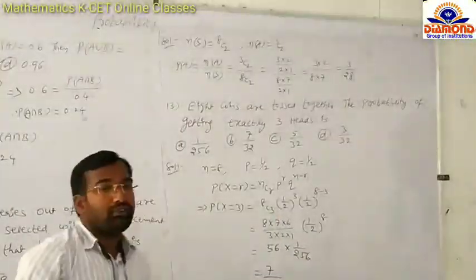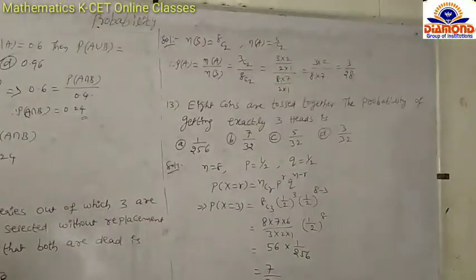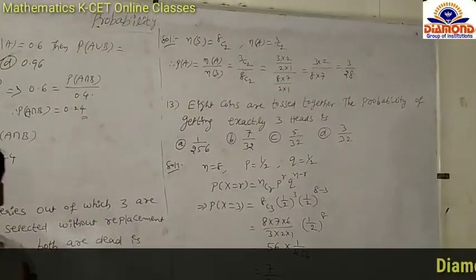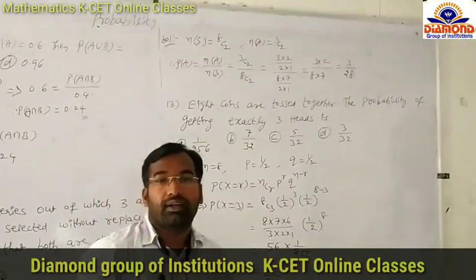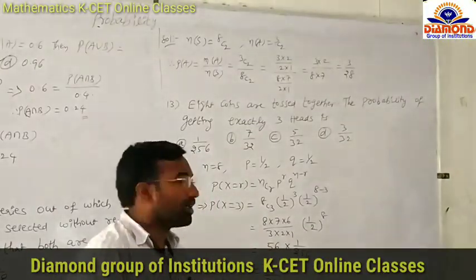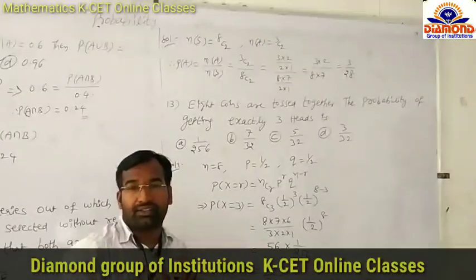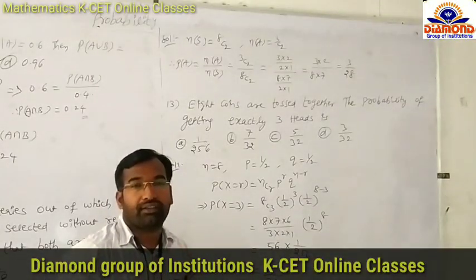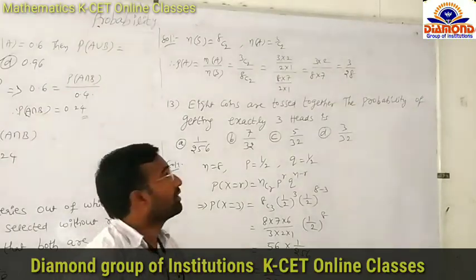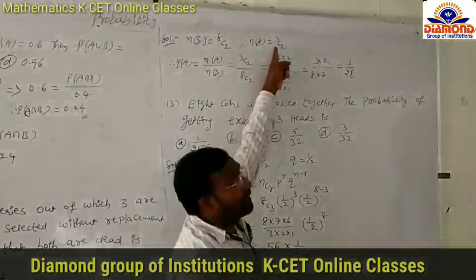Next, we are finding the probability that the 2 selected batteries are both dead. Total dead batteries given is 3. Out of 3 dead batteries, you must select 2. That's why N of A is taken as 3C2.